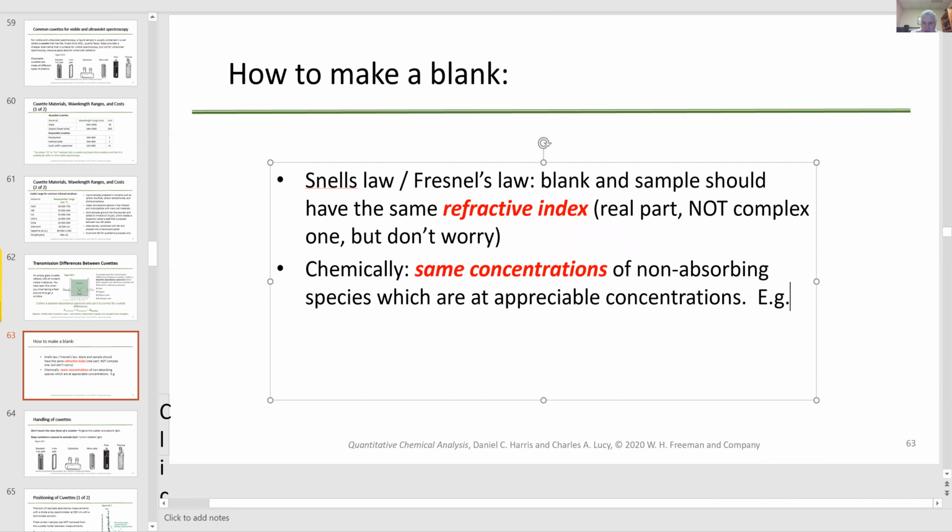So let's say 0.001 molar sodium chloride might give you a change in n of, say, plus 0.00001, 10 to the minus 5. But that's not really measurable.